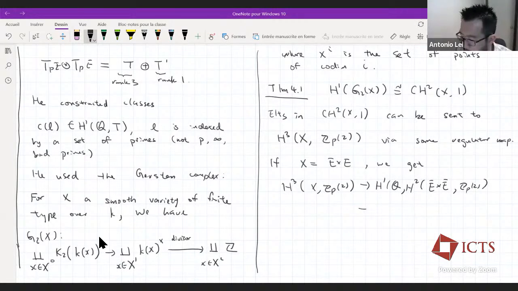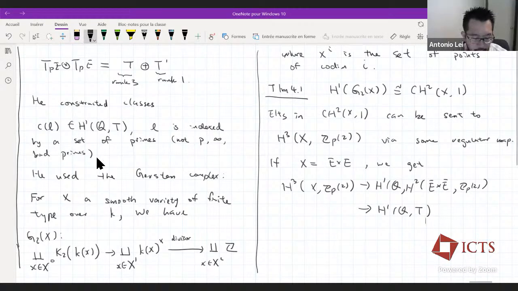And then you can further send this to an element in H1(Q, T). So in other words, in order to construct his classes c_L, it is enough to find elements in H1_G2(X).